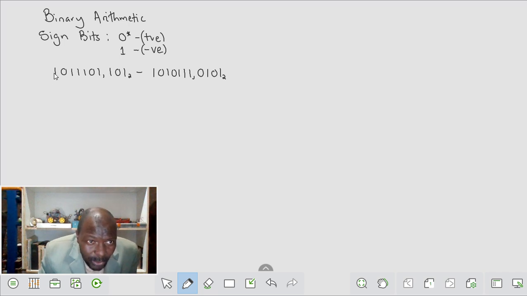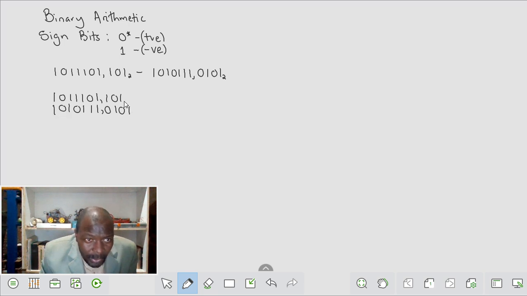So the first thing we do is align the commas. The top number is the positive number, 1 0 1 0 1, comma 1 0 1. We align the commas, 0 1 0 1, and then the rest is 1 1 1 0 1 0 1.